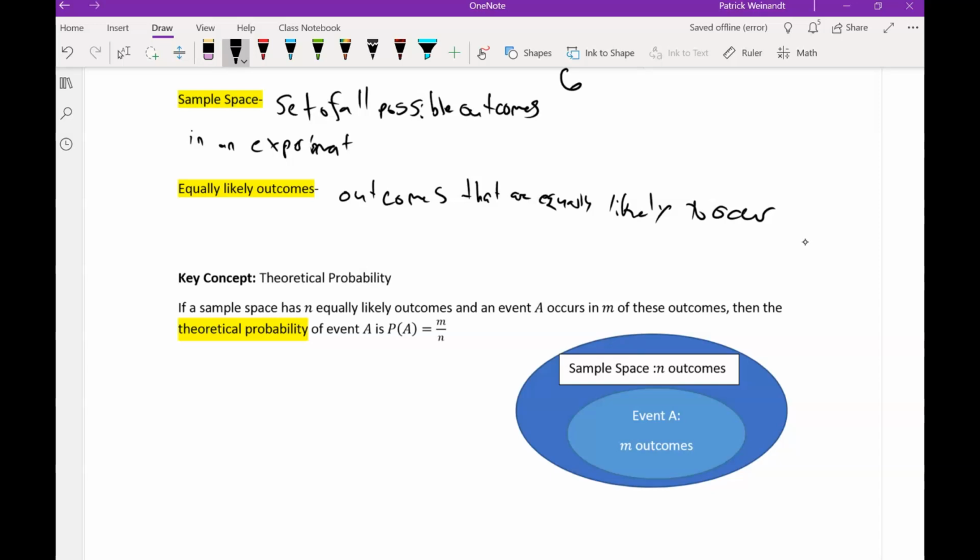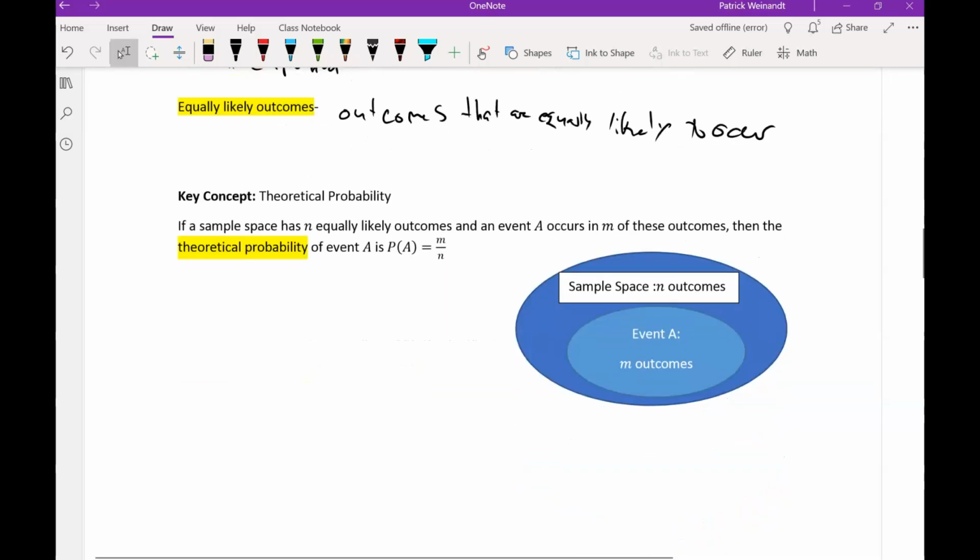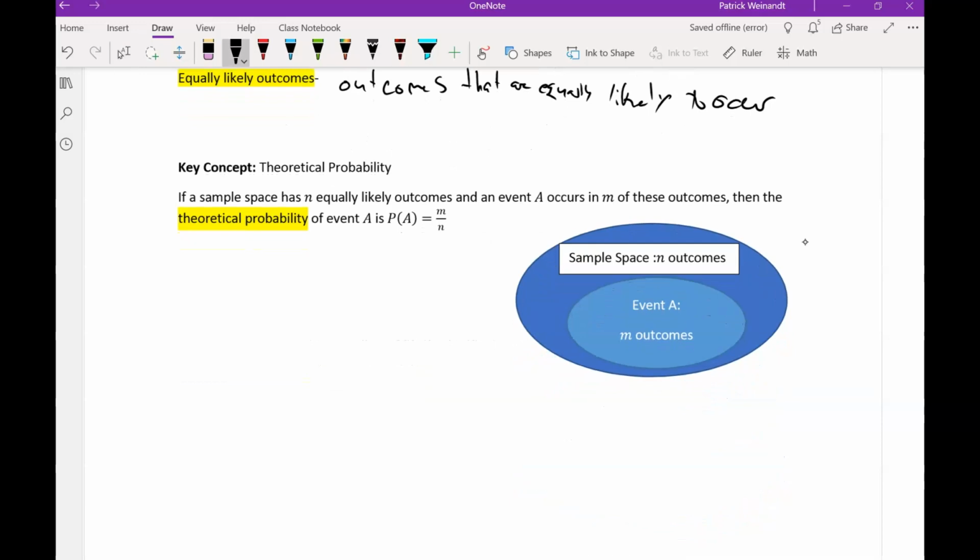For example, how many outcomes are there on rolling 1 dice? There are 6 total outcomes on 1 dice, and one of them gives us a 3. So the theoretical probability is 1/6. That's a theoretical probability. Okay?